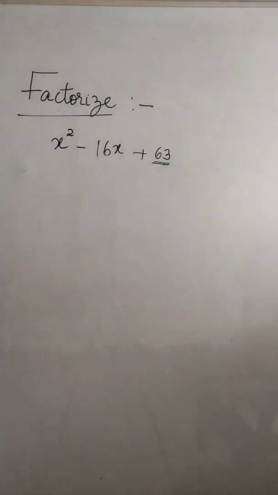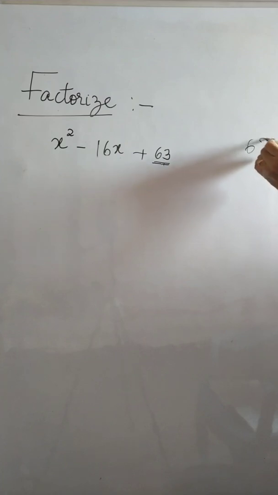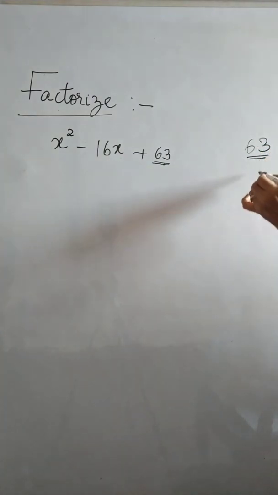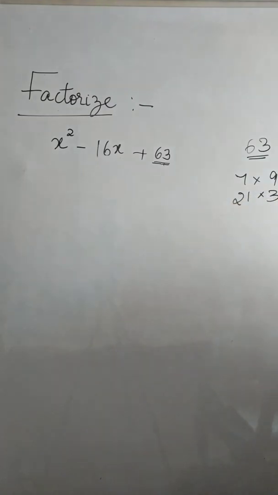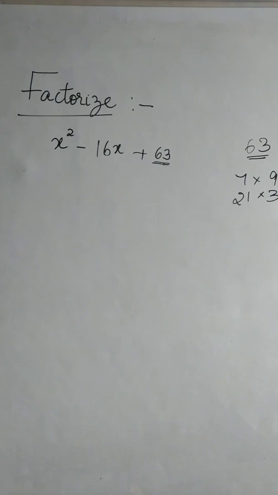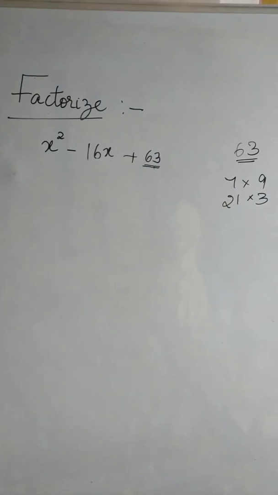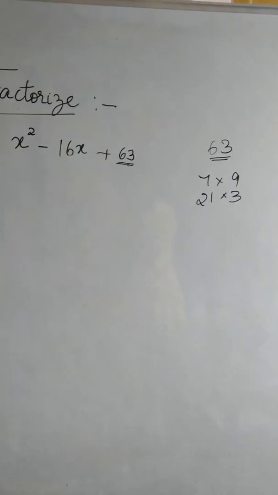So 63 can be written as 7 into 9, 21 into 3, and so on. In this particular situation, if you add these factors, we have to get the middle term, that is 16.